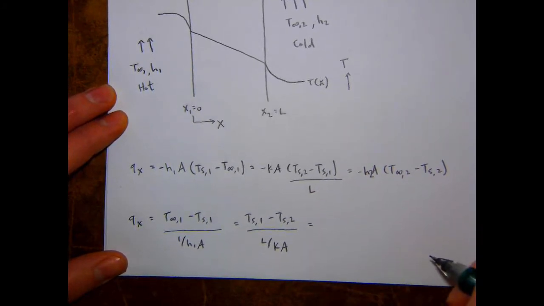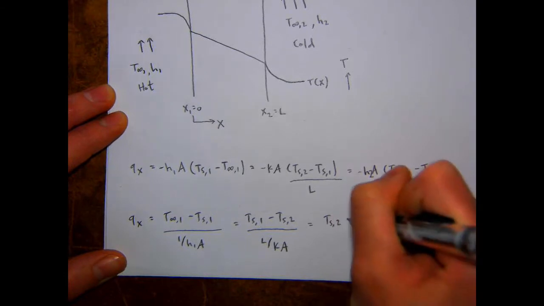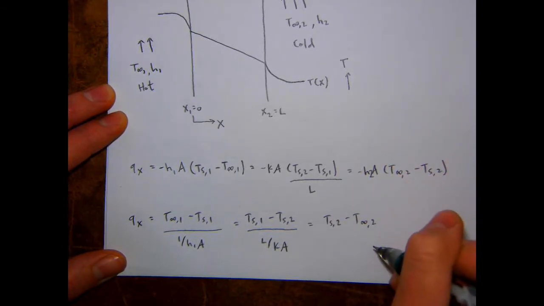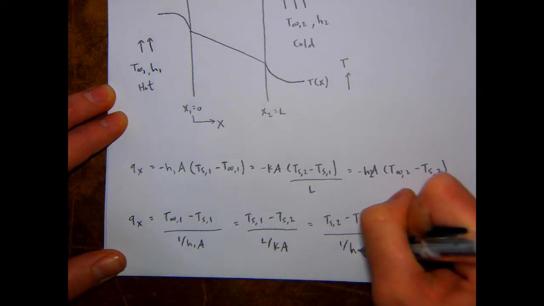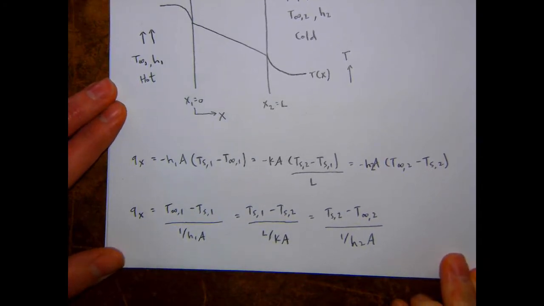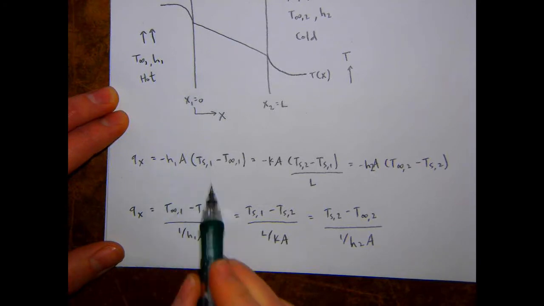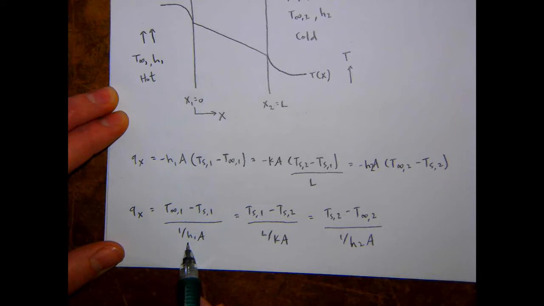And that's equal to TS2 minus T infinity 2 over 1 divided by H2A. So all we've done is rewrite these, distribute the negatives, and bring these quantities down into the denominator. So 1 over the quantity would be the same as having it in the numerator.